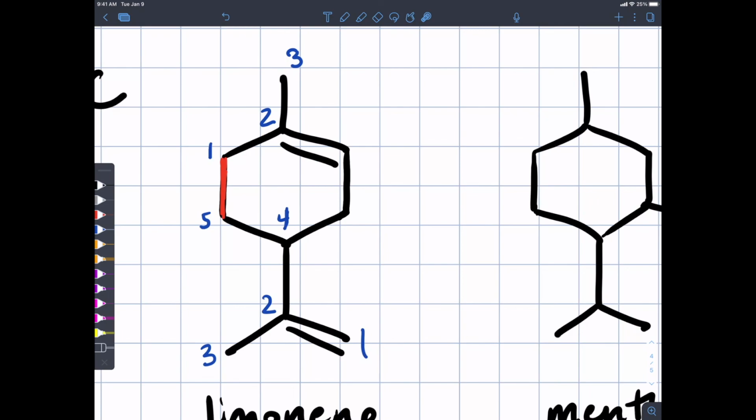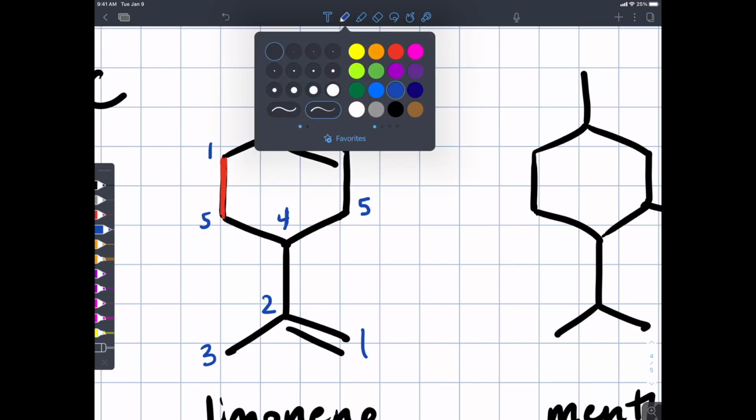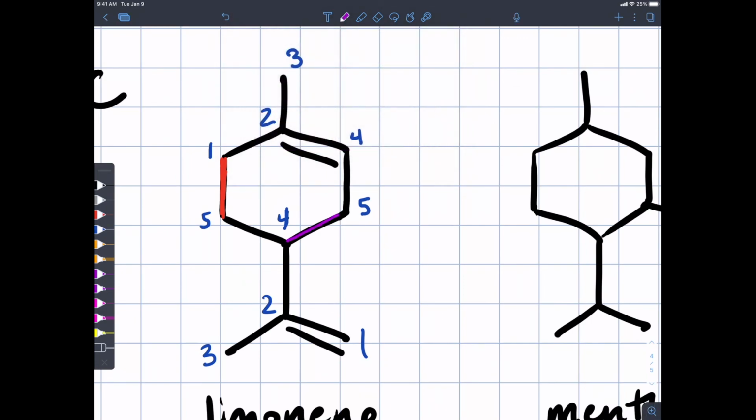So the point is to be able to identify a reasonable connection of carbons in these isoprene units. So once I say this is 5, then this has to be 1, 2, 3, 4, and then 5. So the bond between 1 and 5, this bond in red, was in the linear precursor, but there's a new bond that wasn't, and that is one that I have to have made during the process.